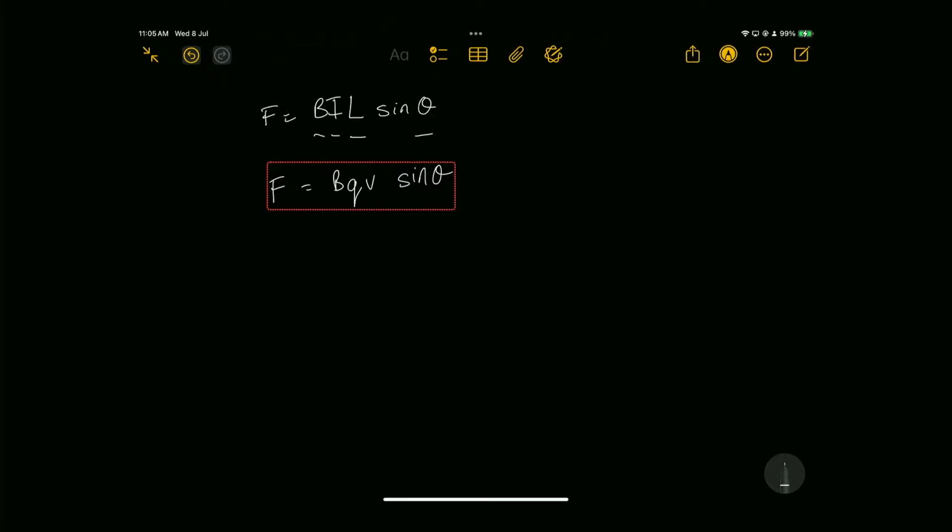Now, in this case, what factors does the magnitude of the magnetic force depend on? It depends on current, length, and angle. No, for the charged particle moving in a magnetic field, what does the magnetic force depend on?